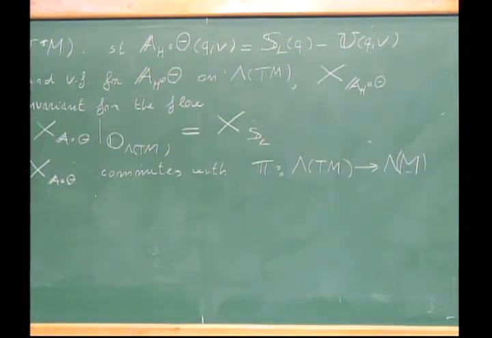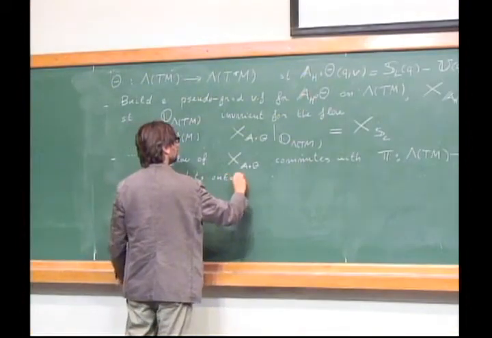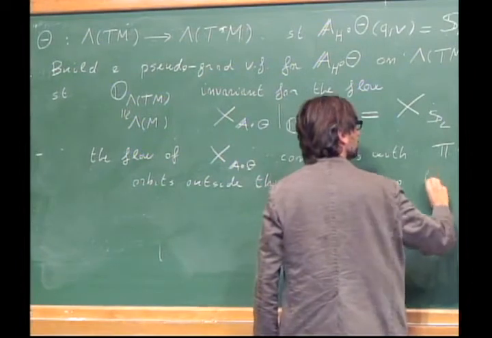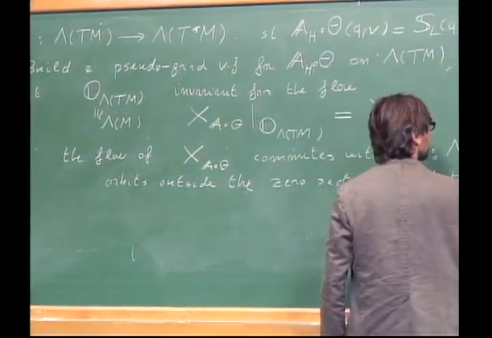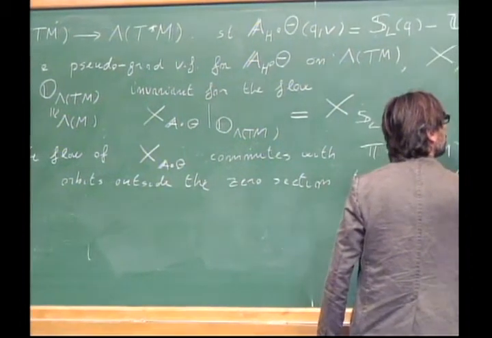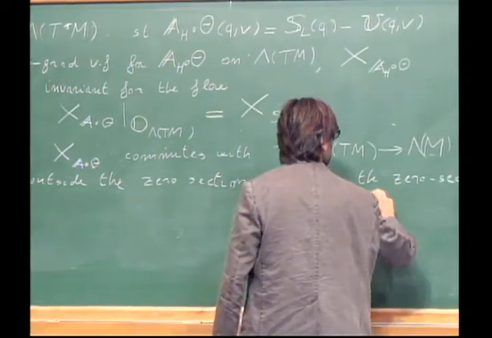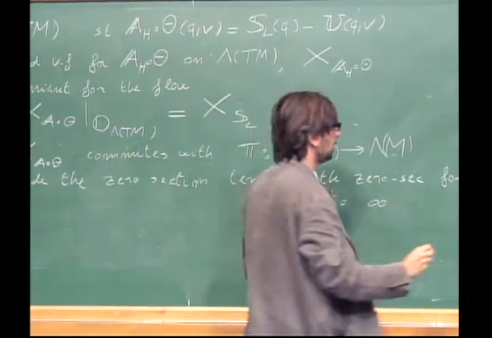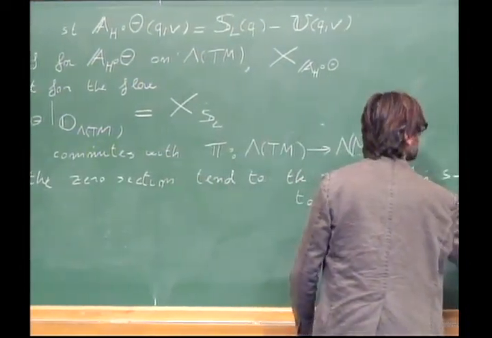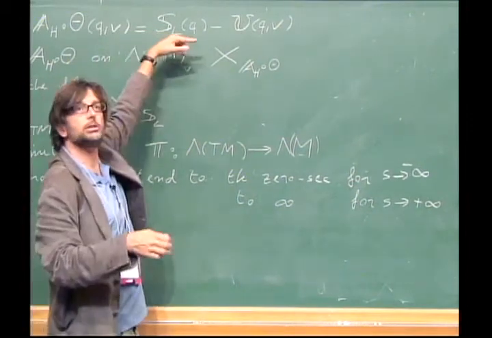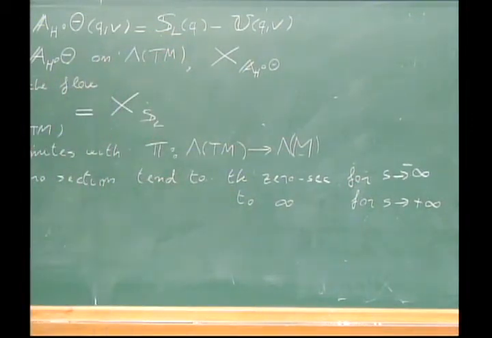And since the function is going down outside from the fibers, the behavior will be that orbits outside the zero section tend to the zero section for s going to negative infinity, and instead tend to infinity, so they flow away along the fibers, for s going to positive infinity. Okay? This is just because it's a nice function on the zero section plus something which goes down. So we have this.